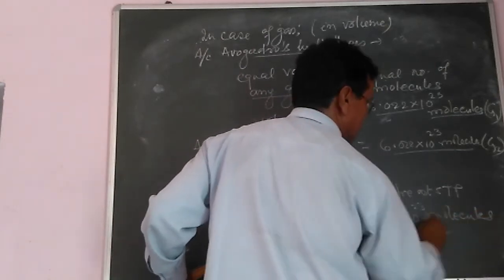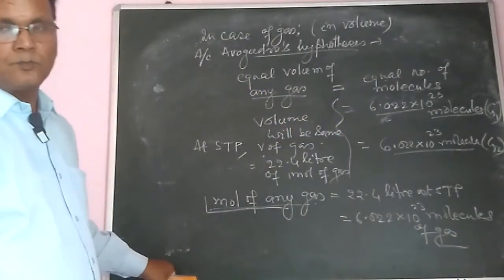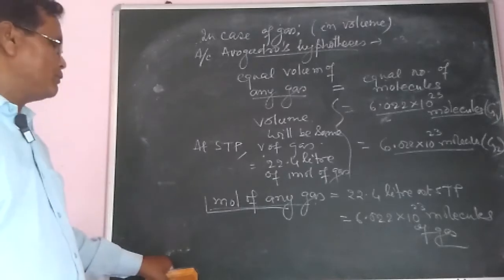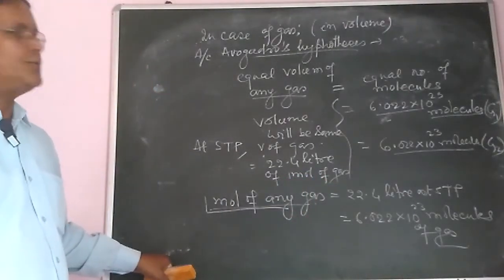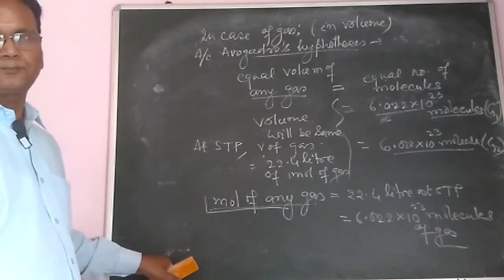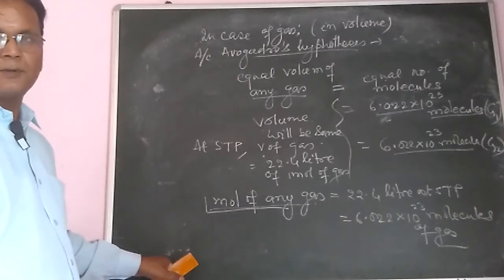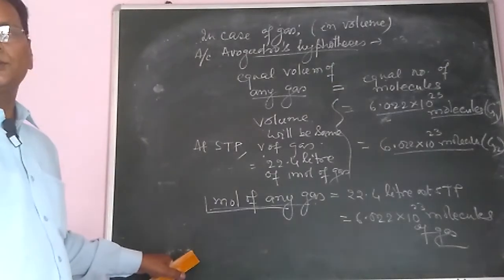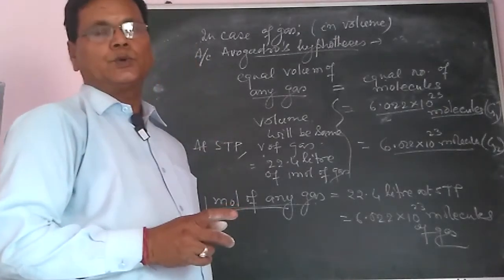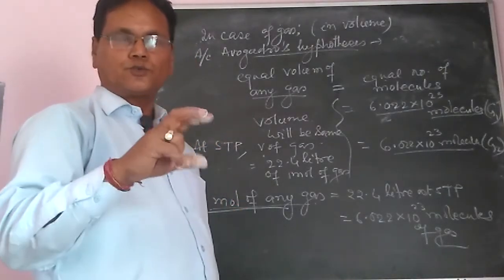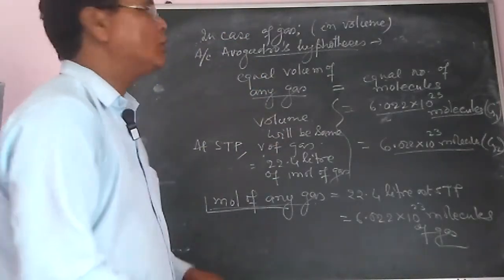Molecules will remain the same, but if we measure the volume, 1 mole of that gas will always occupy 22.4 liters. Now this is the mole concept, and I am giving you the techniques to solve all types of problems related to it.